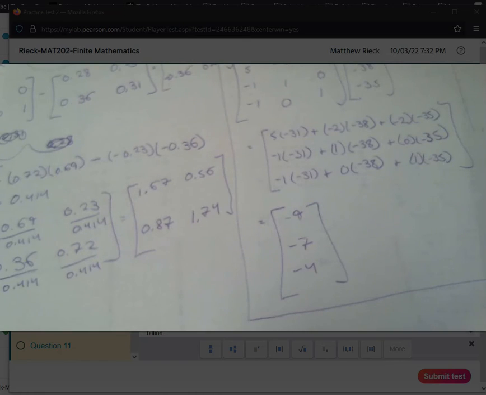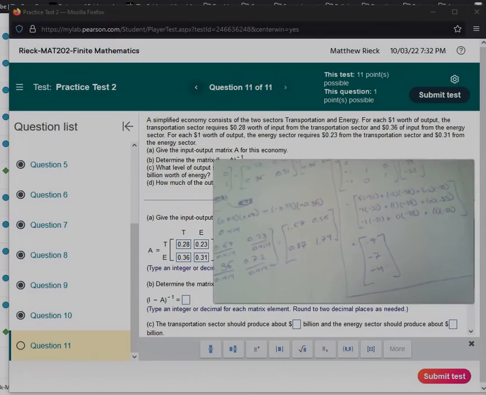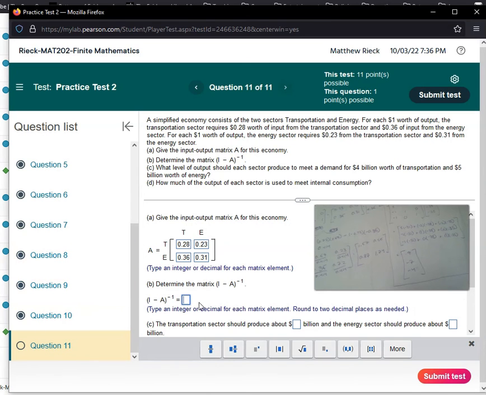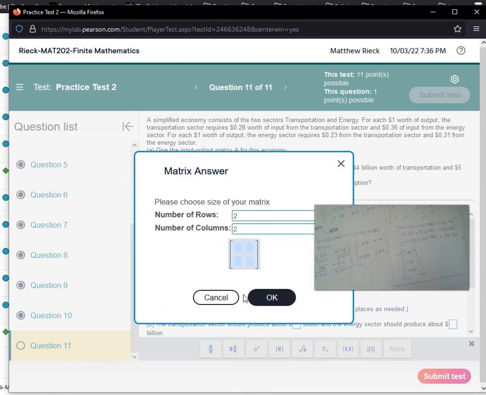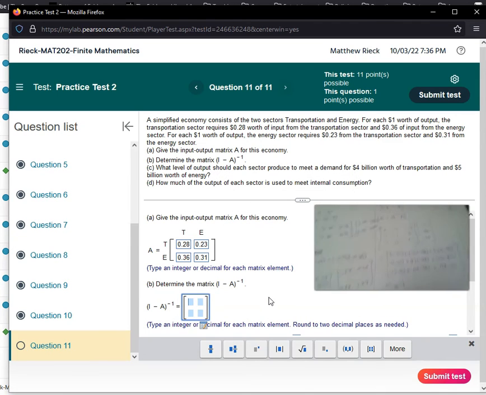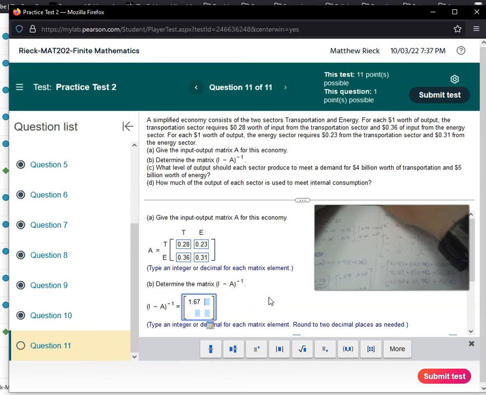All right, so that is my (I minus A) inverse: 1.67, 0.56, 0.87, and 1.74.